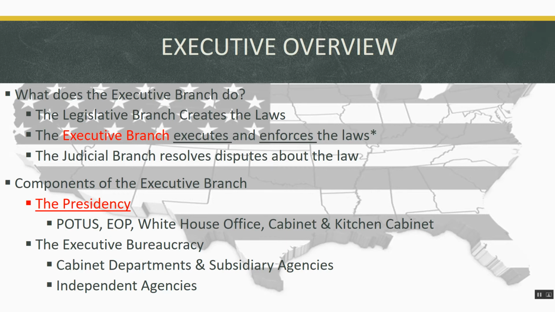But it's also worth noting that in order for the president to be able to execute and enforce our laws, in order for the executive branch as a whole to be able to execute and enforce our laws, it's important for us to preserve the sovereignty of our country from foreign aggressors. Because remember, sovereignty is the power to govern day-to-day life in a particular area, to make all of the laws and then to administrate those laws from one moment to the next. And if our country were to be, say, conquered by a foreign power, it's very unlikely that that foreign power would then allow the United States to continue following our Constitution.